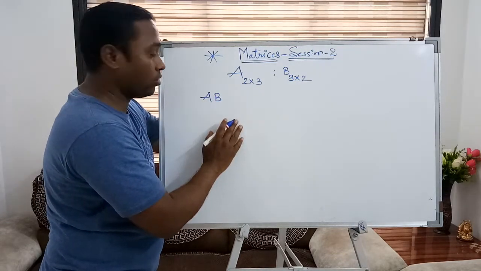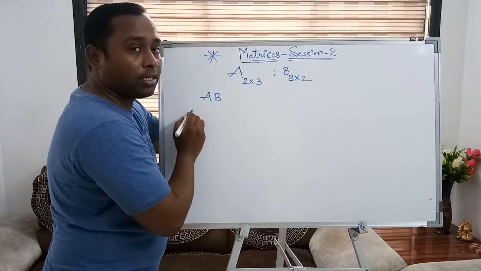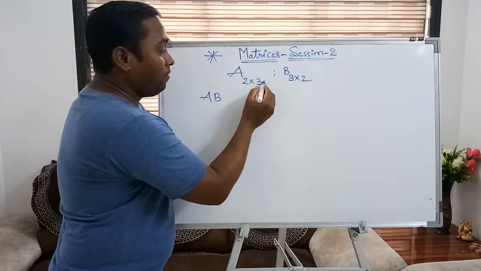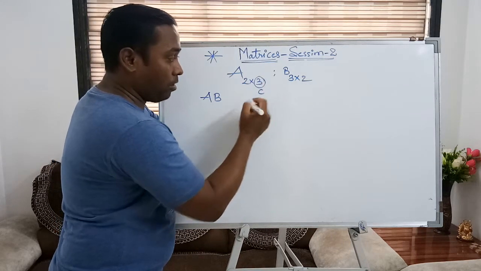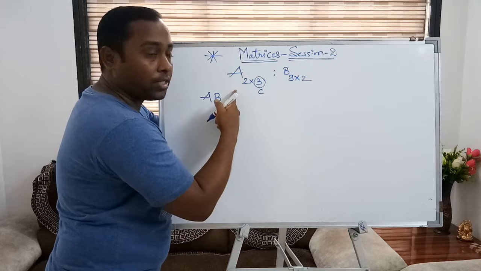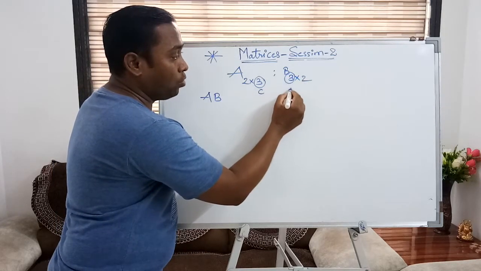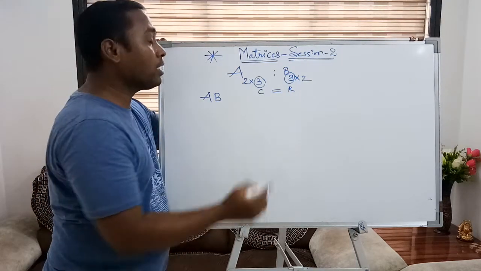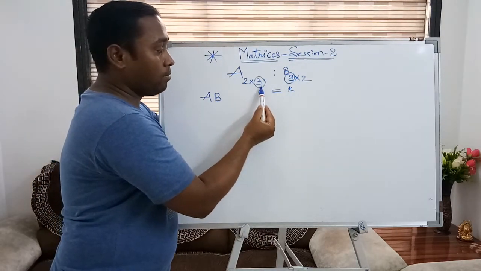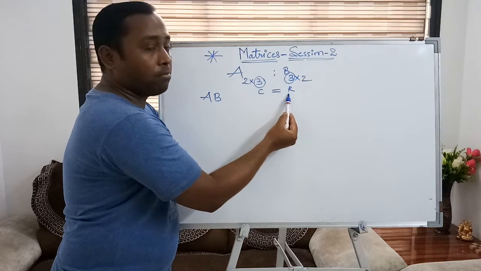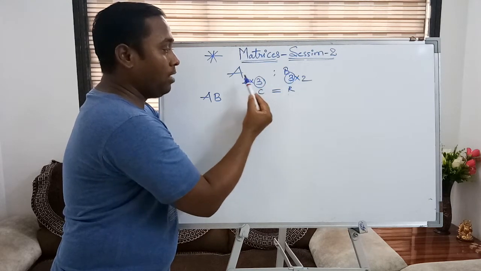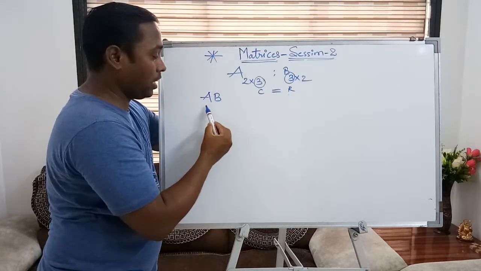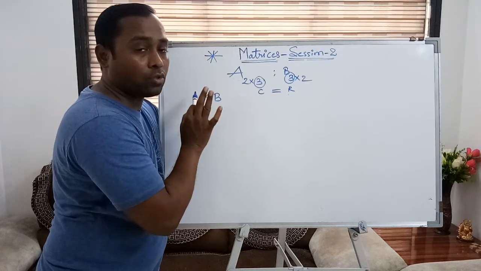If I want to do multiplication of A with B in this order, the number of columns of the first matrix and the number of rows of the second matrix must be the same. Remember, only if the first matrix's number of columns equals the second matrix's number of rows is A into B possible. Then only will we do the multiplication of A and B, otherwise not possible.